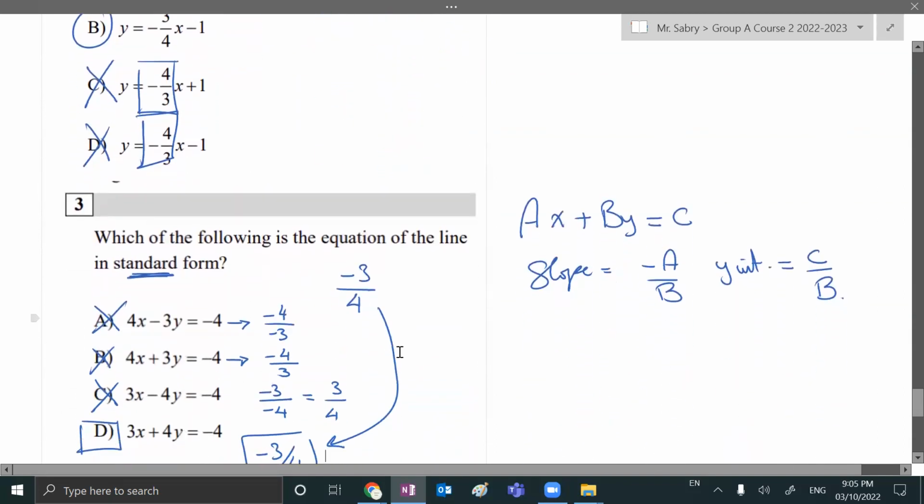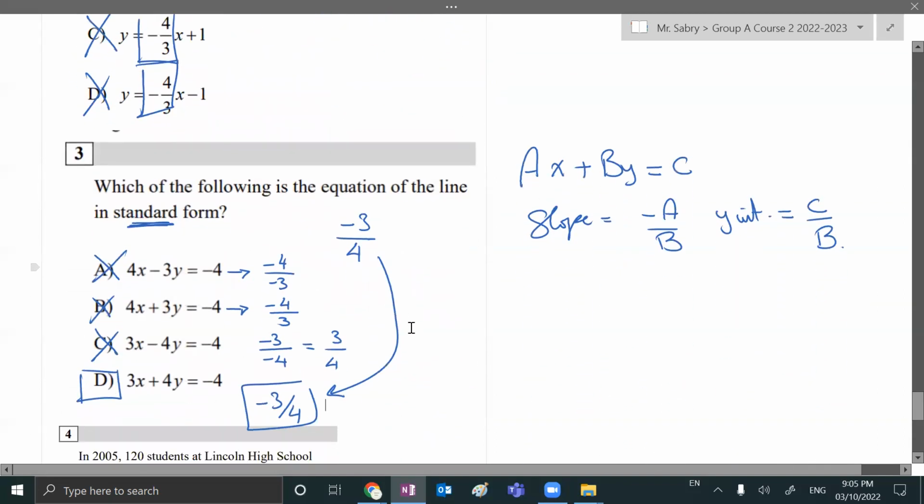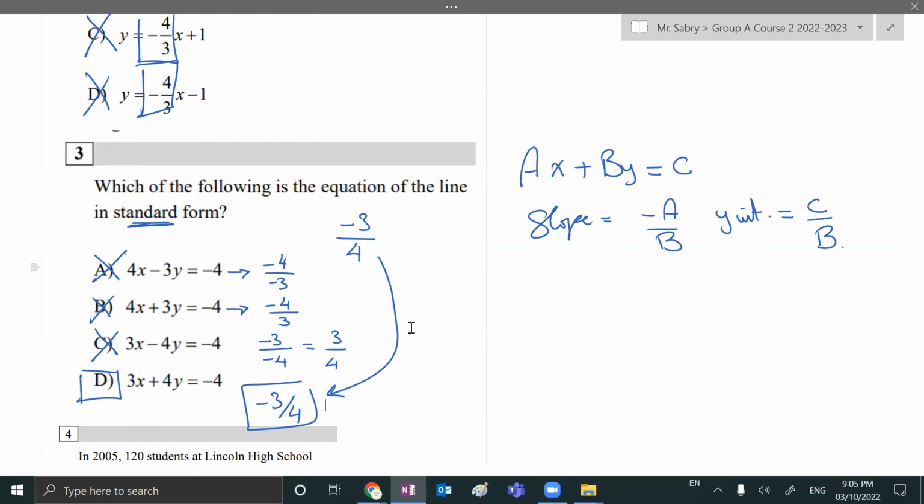While number 3 is a different story. I check each choice to see which one fits my criteria. My criteria is that the slope must be negative 3 over 4. So I check each one and whether it has negative 3 over 4 or not. Does this make sense too?